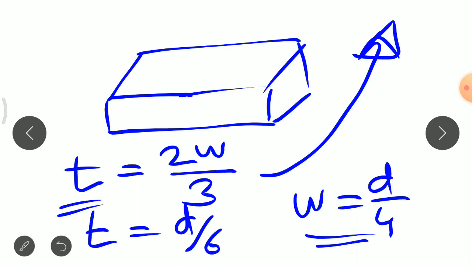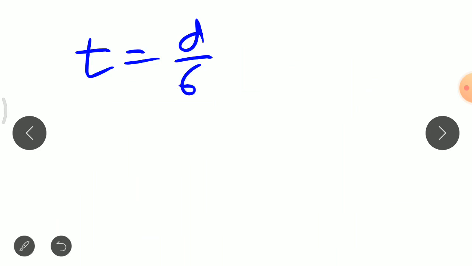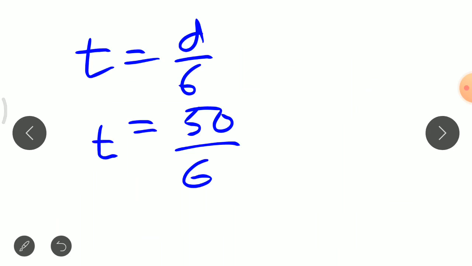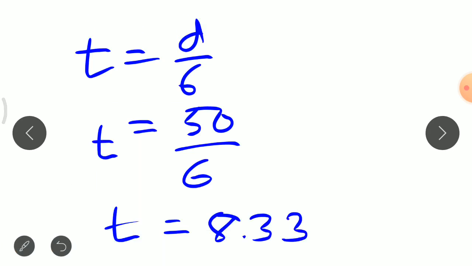Now here we get thickness equal to d by 6, and we know the value of d. Put the value of d in this equation and we get 50 by 6, which is equal to 8.33, so the value of t is equal to 8.33 mm.